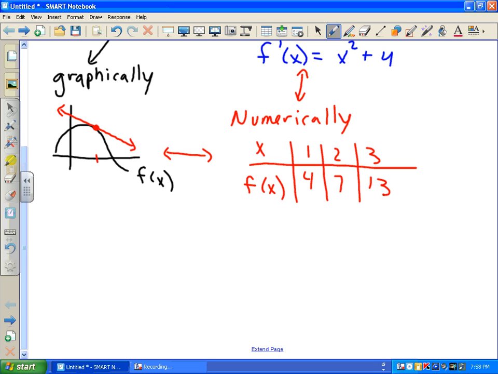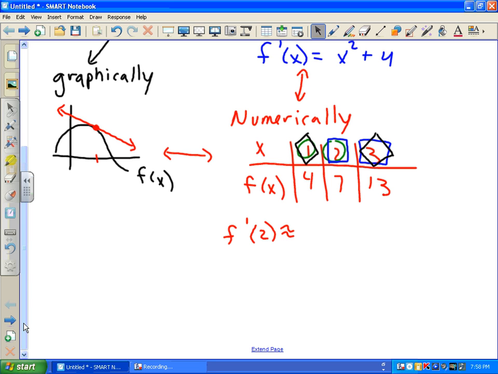We could be asked to approximate the derivative at one of these x values. Perhaps we're asked to approximate f prime of 2. If so, we have 3 different options for our approximation. We could find the slope between 1 and 2, between 2 and 3, or between 1 and 3. All will give us correct approximations.